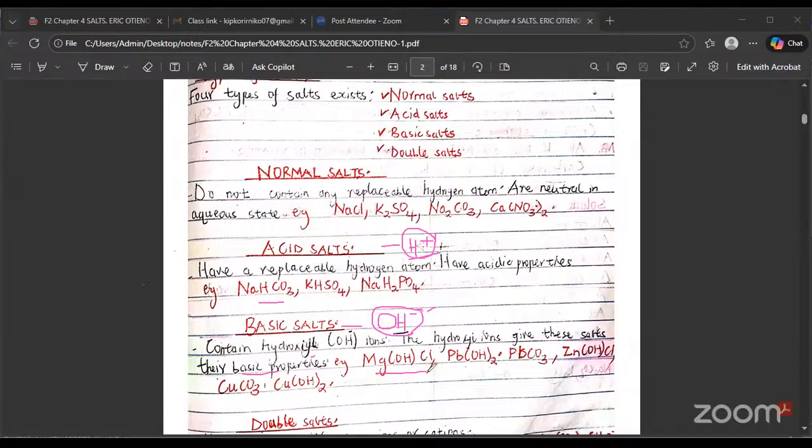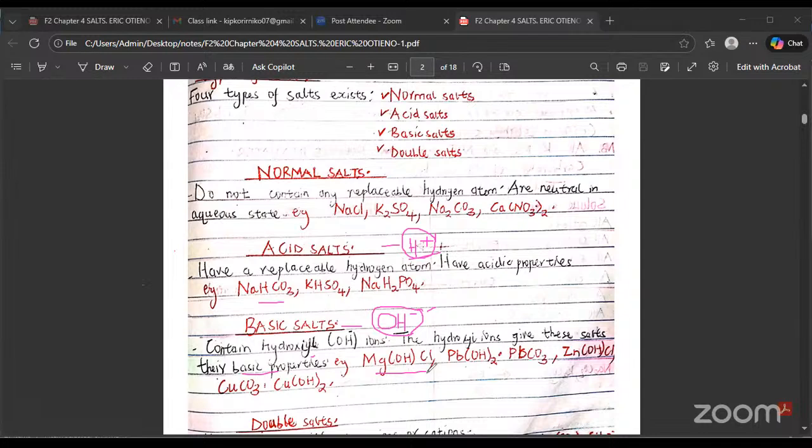So it contains hydroxyl ion. So when you're writing, it is magnesium chloride, which is basic. It is normally written as MgOHCl, but in the English version, it is basic magnesium chloride. I hope that is fine.